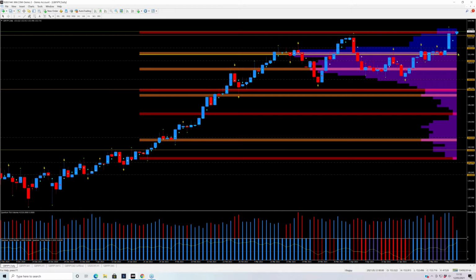You're possibly going to be able to take some pips, but you're going to have to use the faster time frames, or even time frames that are not time-based, either a Renko or a tick chart, and David has got some of those as well. So trading around the volume point of control on the daily gives us an indication of what to expect in the faster time frame. But what the VPOC also does is indicate that at some point this is going to go in one direction or the other.